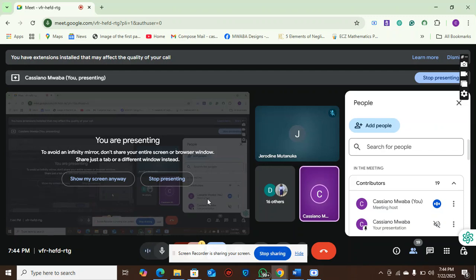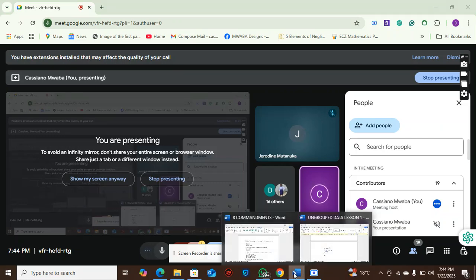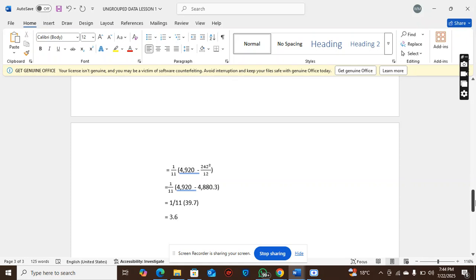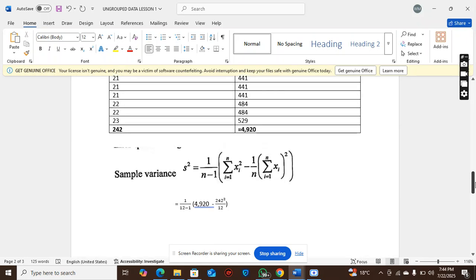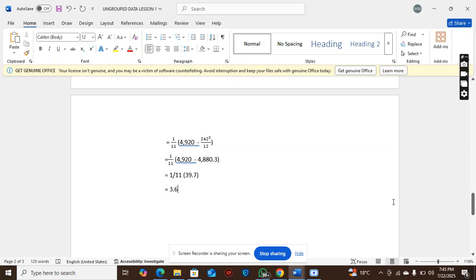Any questions, colleagues? Wait, this is the variance. I forgot. The variance is just the standard deviation squared. We've calculated the variance here. Now for the standard deviation, we have to get the square root of the variance. So we just get the square root of this.